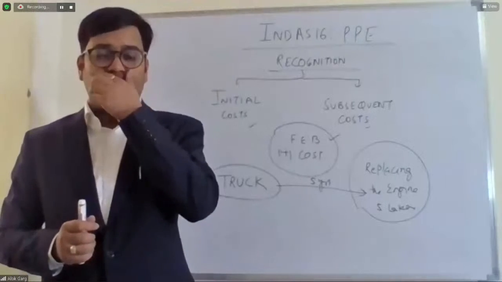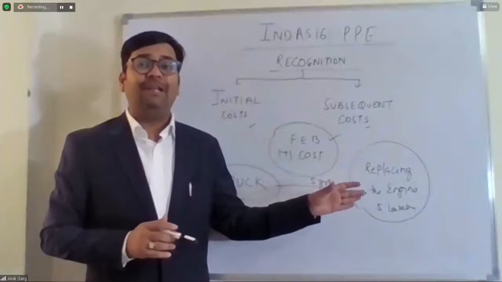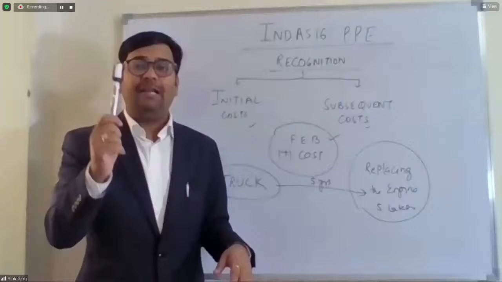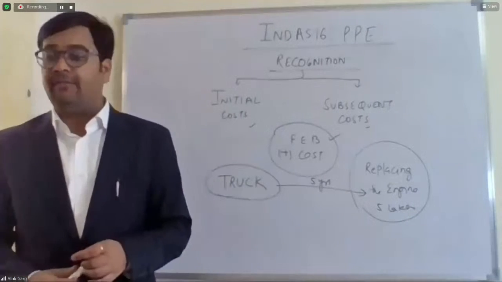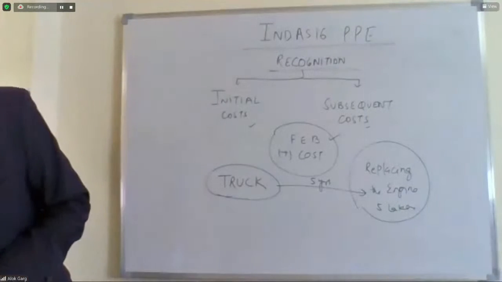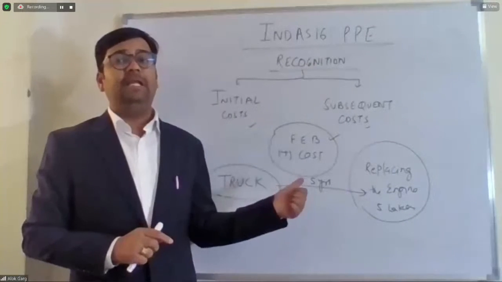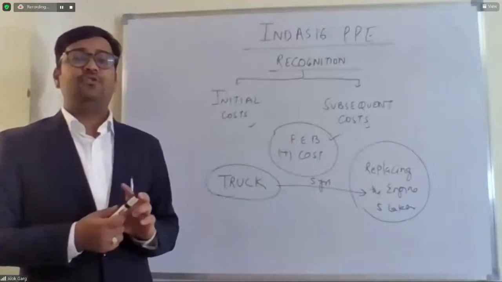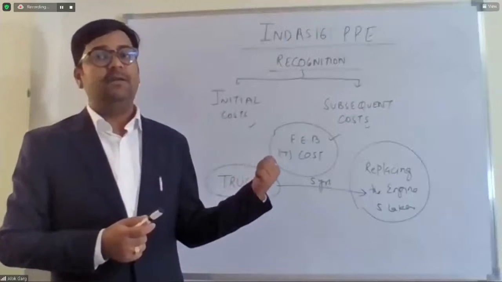If a company expenses 5 lakh rupees at the end of the 5th year, whether it will add value only in that particular year, or it will add value to the remaining life of the truck. It will add value to the remaining life of the truck. So first thing, it should not be charged off to the P&L, rather it has to be capitalized as a part of the cost of the truck.